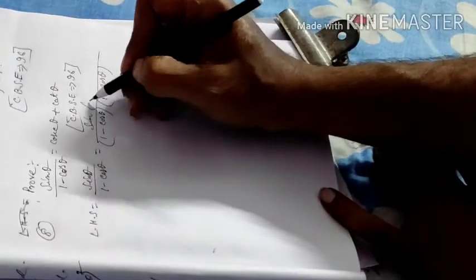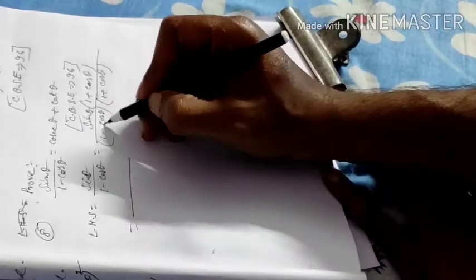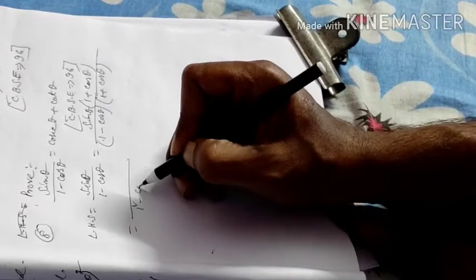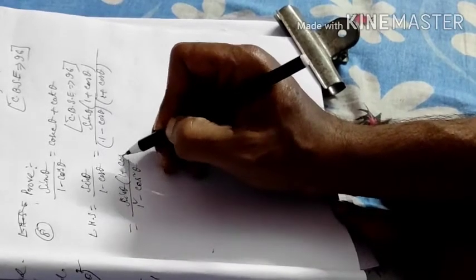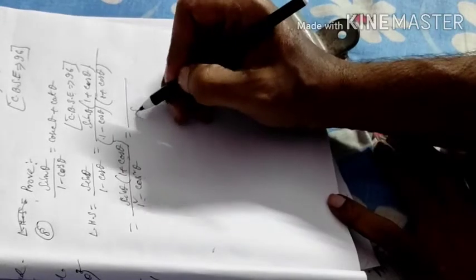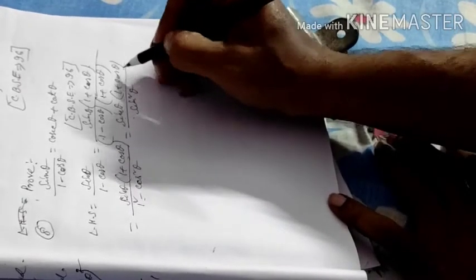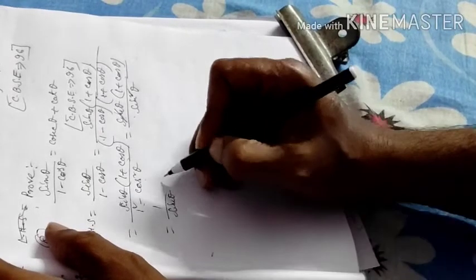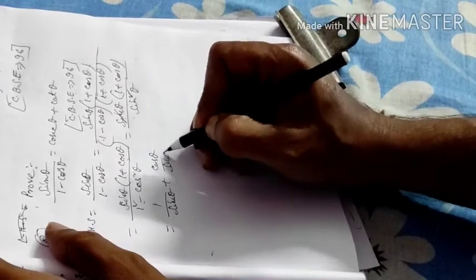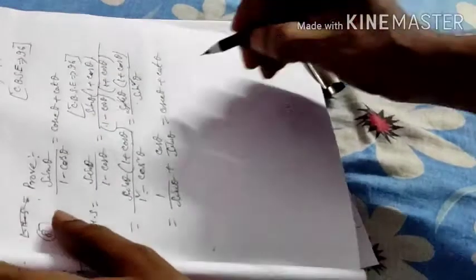So sin theta into 1 plus cos theta over, this is your a minus b, this is a plus b, so a square minus b square, that is 1 minus cos square theta, which is sin square theta, into sin theta into 1 plus cos theta in the numerator. So the sin square will be cancelled out, is equal to 1 by sin theta plus cos theta by sin theta, is equal to cosec theta plus cot theta. Proved.